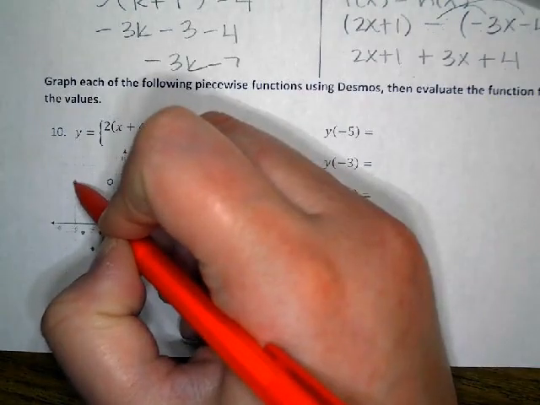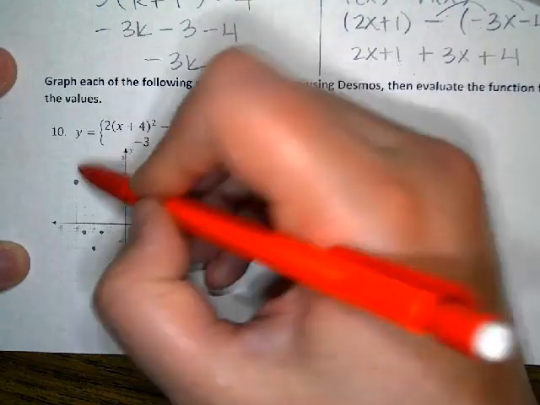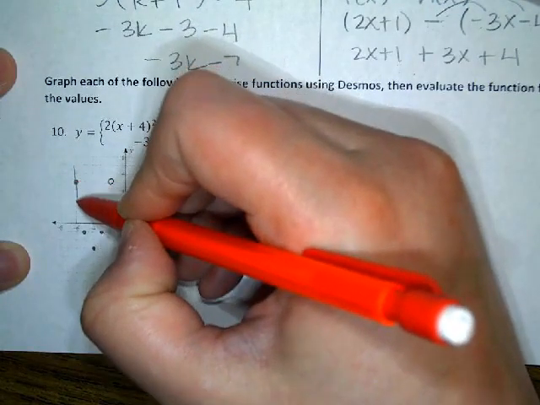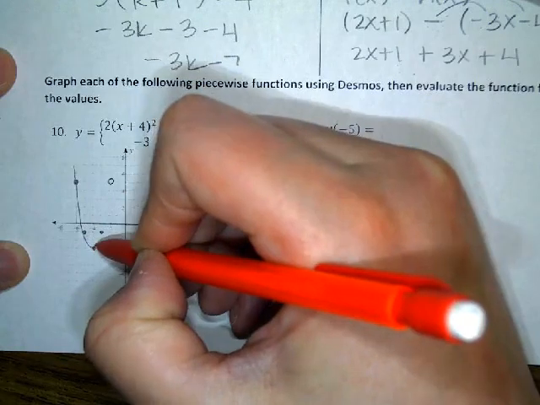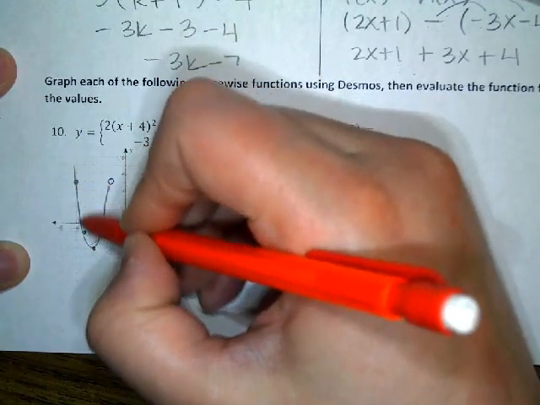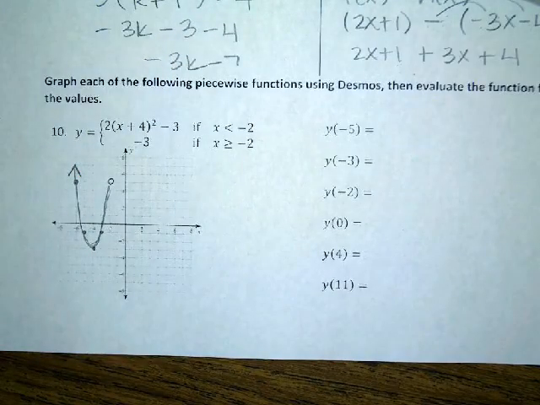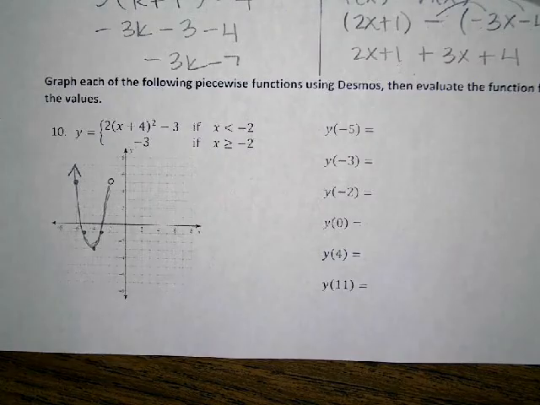Okay, so we got all those points, so we can go ahead and graph this. It looks kind of like that. Okay, did you guys graph that? Your paper look like that? Okay. And then I'm going to leave that there because I'm not done with that yet.